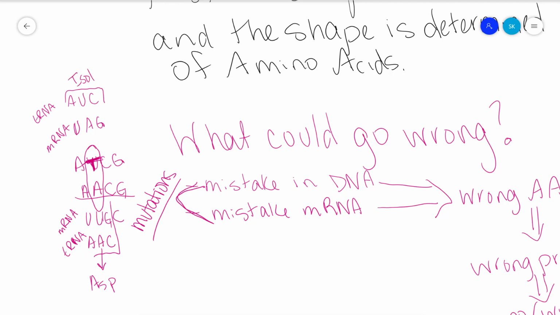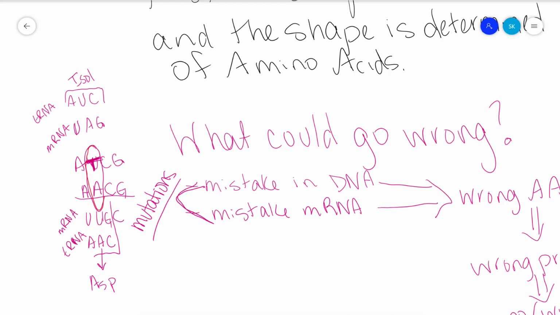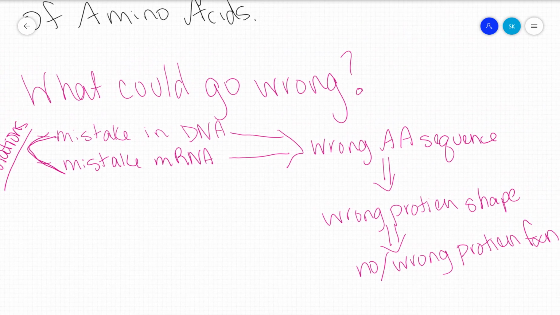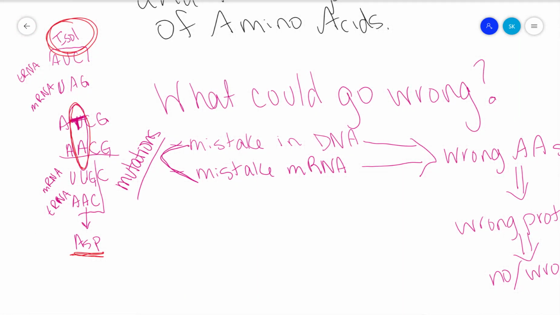So all I did, guys, was change this one letter in this one sequence. And so instead of isoleucine, which is what it was supposed to be, I ended up with asparagine. And because they're different amino acids, they're going to interconnect in a different way, and they are going to create the wrong protein shape.